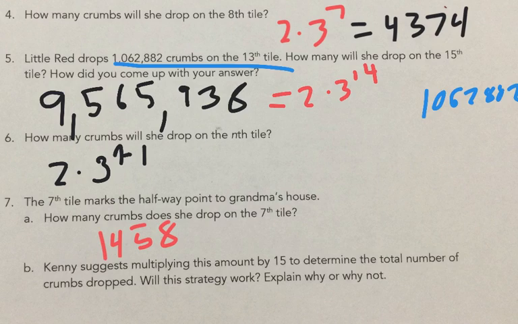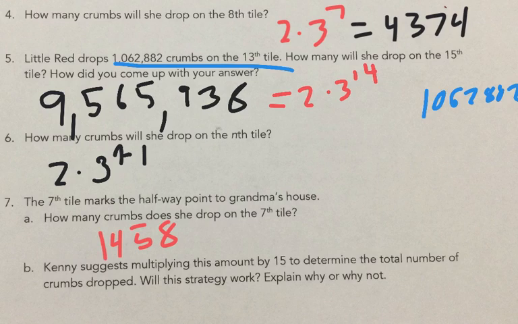So remember yesterday with the arithmetic sequence? Remember how we found the average was the middle term? So Kenny thinks we should multiply this average amount, because it's the middle, by 15 to determine the total number of crumbs dropped. Will this strategy work? No, it doesn't.